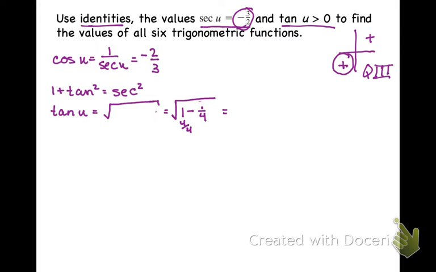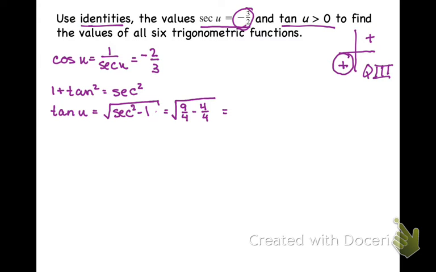What did I do wrong? I put the 1 in front and it's not. It's secant squared minus 1. So it's secant squared minus 1. Sorry. But that makes a difference because we had the square root of a negative number. Can you take the square root of a negative number? No. So we had 9/4 minus 1, which would be 4 over 4.